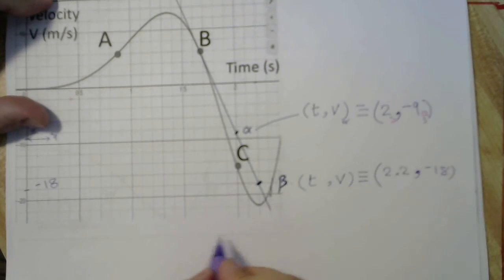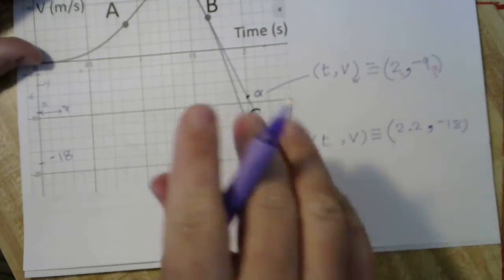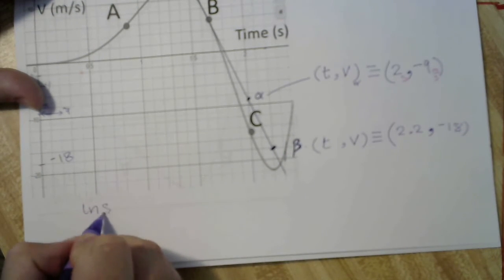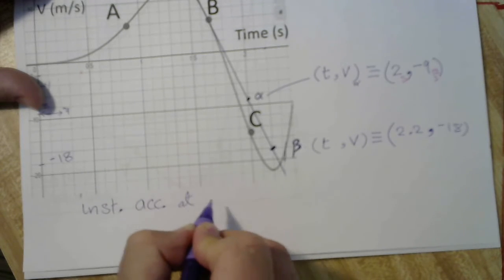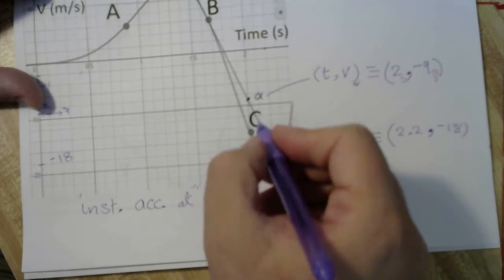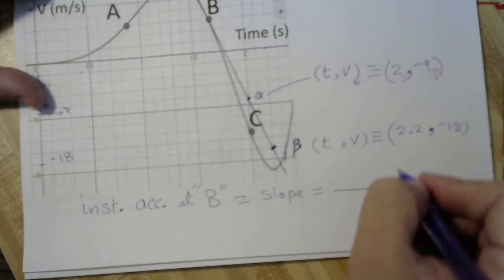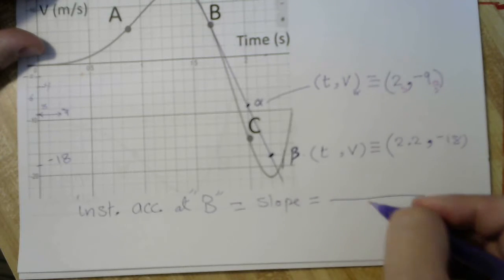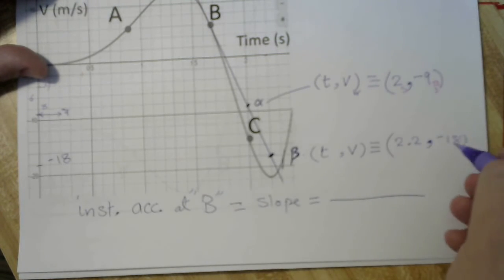Now the instantaneous acceleration at point B is equal to the slope of this line, which is the difference in velocities divided by the difference in times.